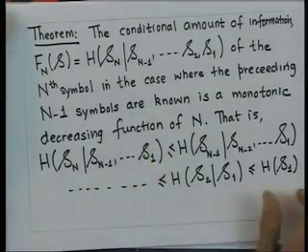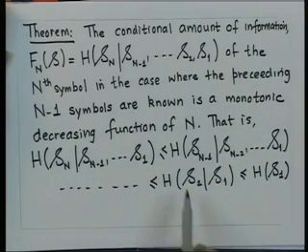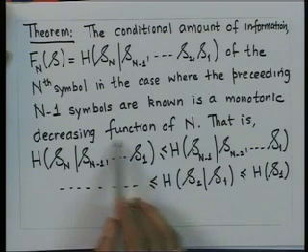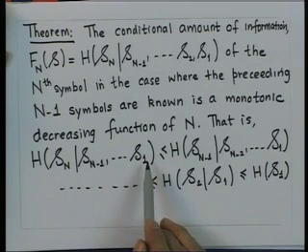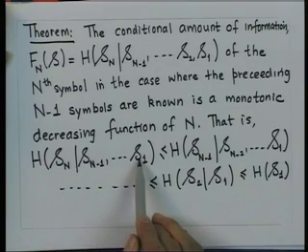So this is a very important theorem which is associated with a general Markov process. This is what we had defined as the additional information which I get on the occurrence of the nth symbol when I know the preceding n minus 1 symbols.